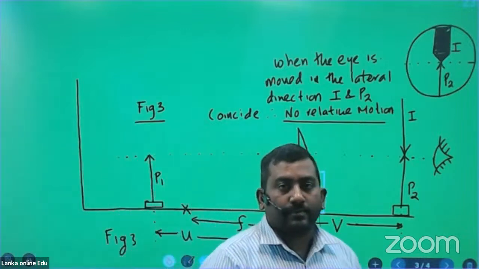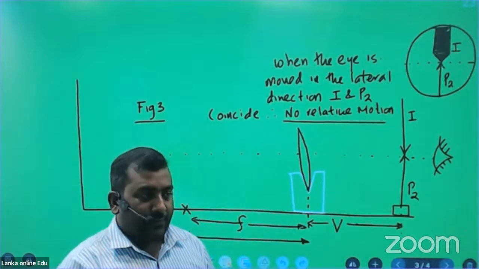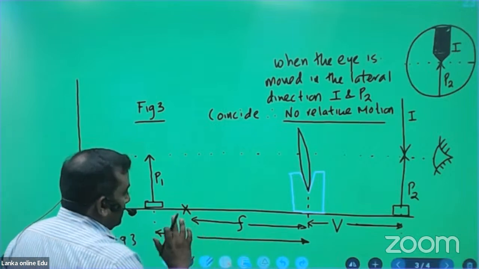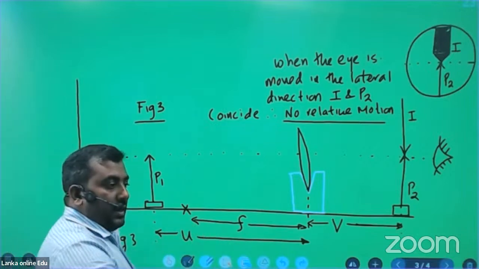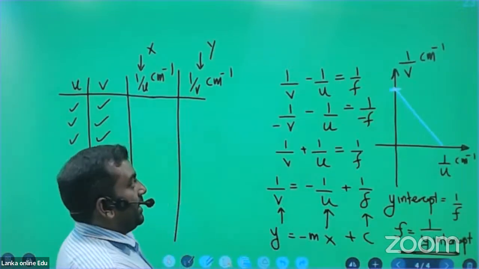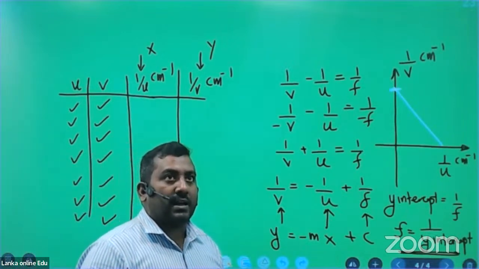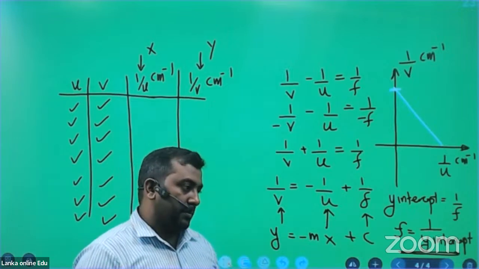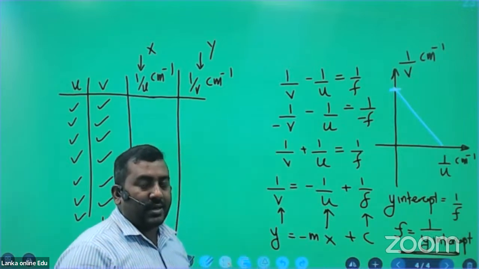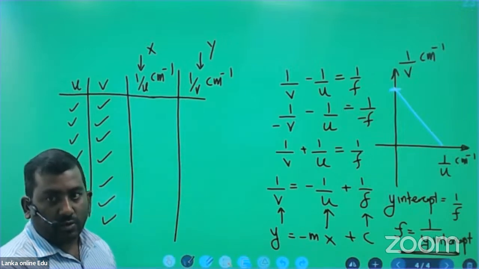Next line. For different object distances, we measure different image distances as shown in the figure.